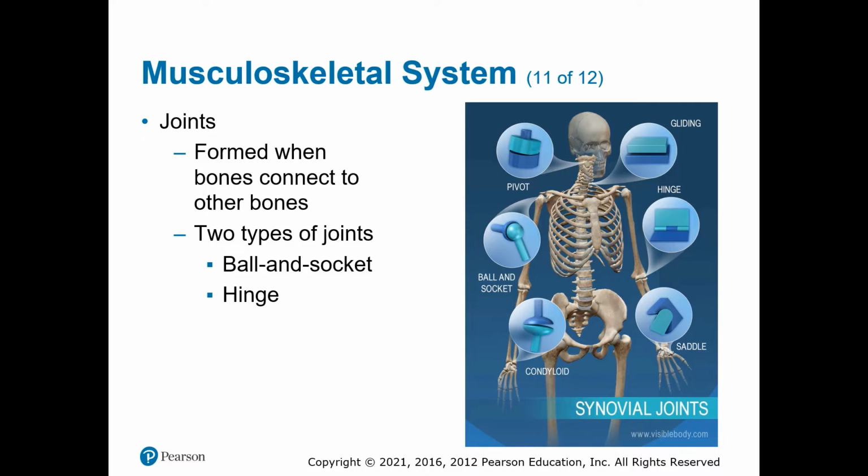The pivot joint is in the C1 and C2 that allow you to move your head side to side. Your ball and sockets are your shoulders and hips. And then you've also got saddle joints and gliding joints as well.